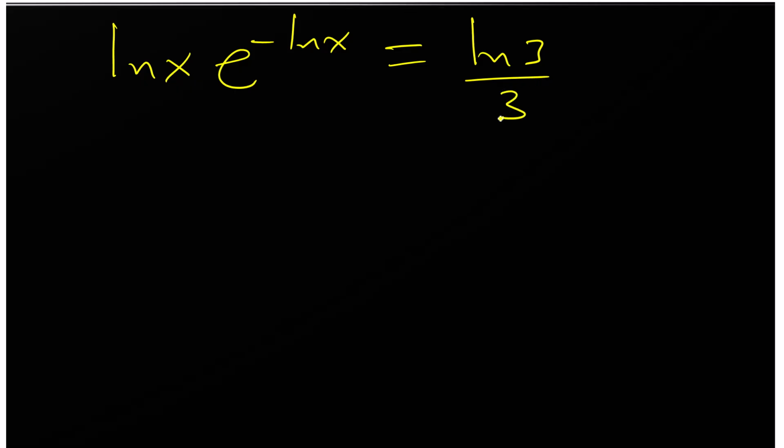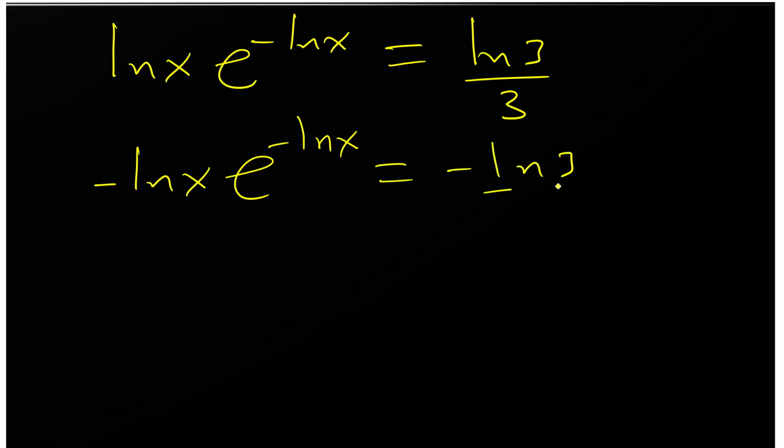Before we can take the Lambert W function, we have to make sure what is here and what is there are equal, but we have negative here, and on this side there is something missing. So we have no option but to balance it by multiplying by -1 on both sides. That will be minus ln of x e raised to ln of x equals negative ln of 3 on 3.